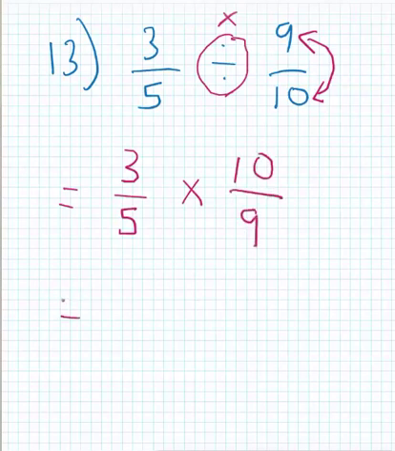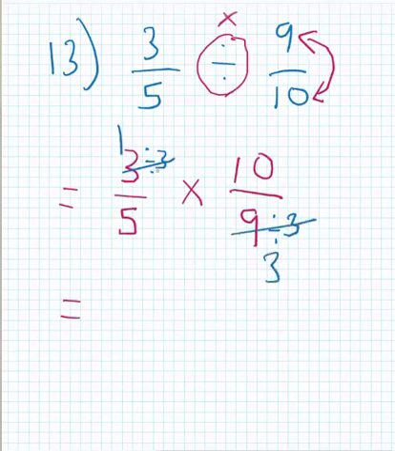And now let's simplify before we multiply. I can simplify my 3 and 9, divide 3 by 3 and divide 9 by 3. That leaves me with a 1, and that leaves me with a 3. And have a look, 10 and 5, perfect. I can divide 5 by 5, and I can divide 10 by 5.